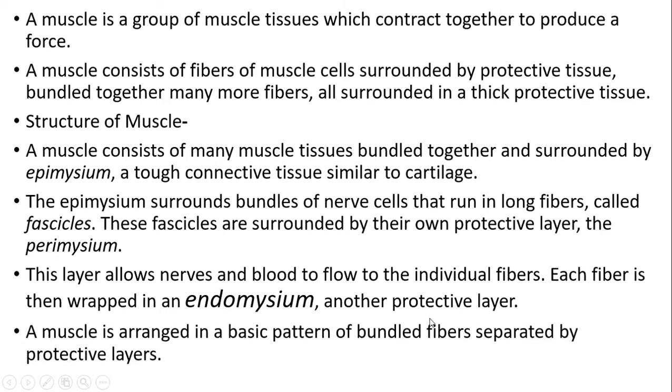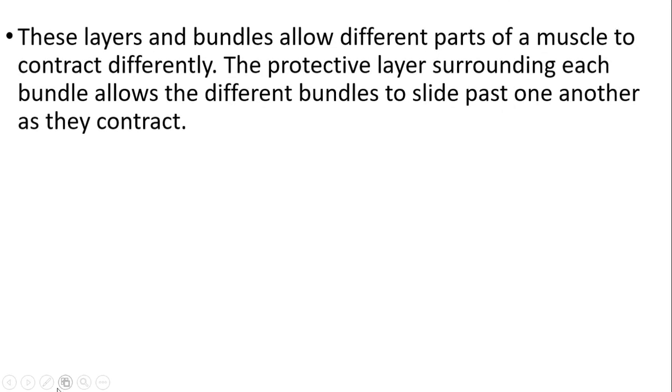The muscle is arranged in a basic pattern of bundled fibers separated by protective layers. These layers and bundles allow different parts of the muscle to contract differently. The protective layer surrounding each bundle allows the different bundles to slide past one another as they contract.